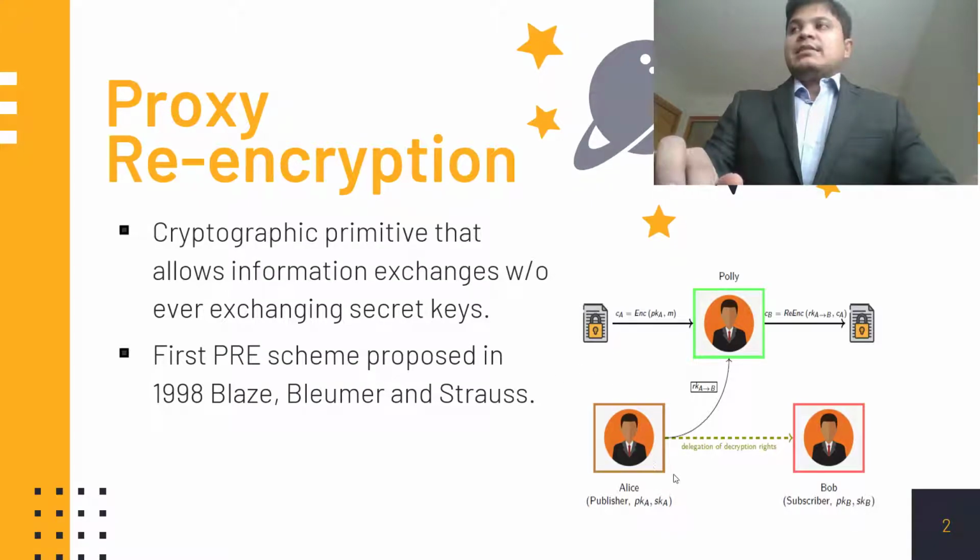What happens is Alice publishes some data in encrypted form to Polly, and Polly, with the help of a particular re-encryption key, which is jointly computed by Alice and Bob, transforms the message in encrypted form from Alice to Bob. Once Bob gets that message, Bob should be able to decrypt it with his own secret key. And that is all the magic about proxy encryption.